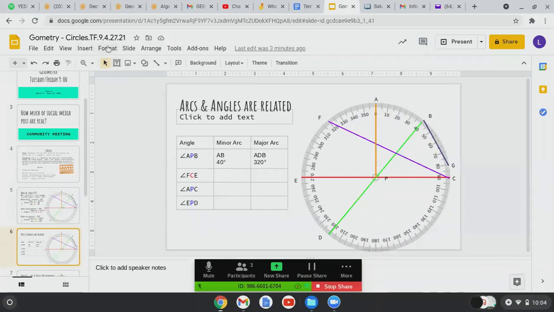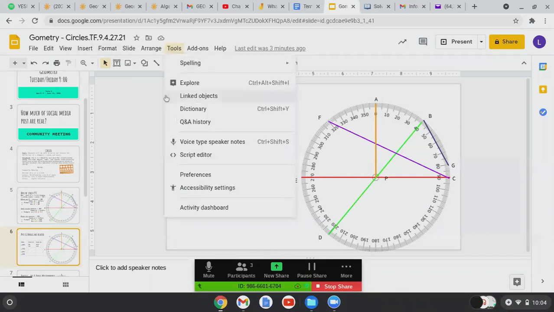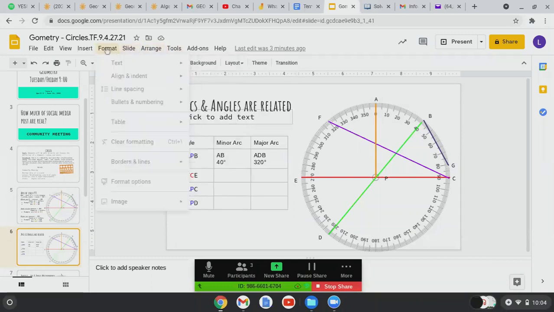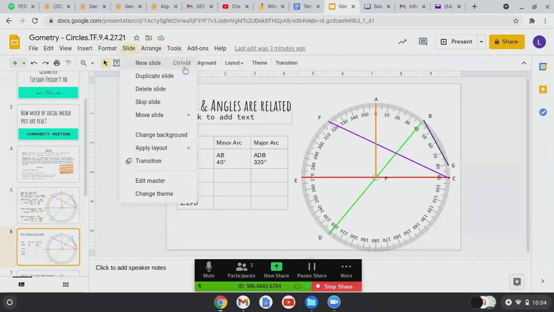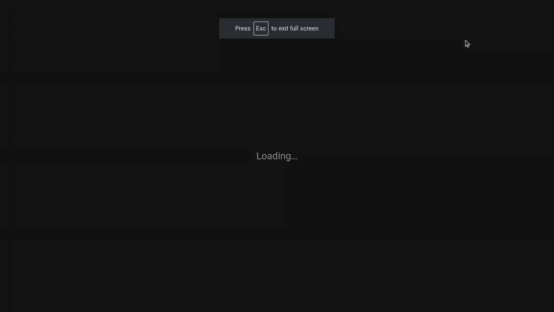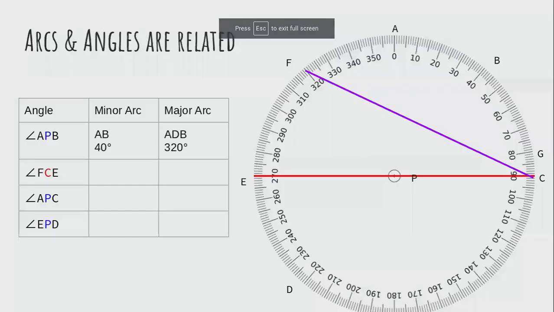I don't think so. I'm trying to see. Oh, I know what I could do. How about this? What if I take these out? What if that's all we have? Okay, that's our angle that we're talking about.